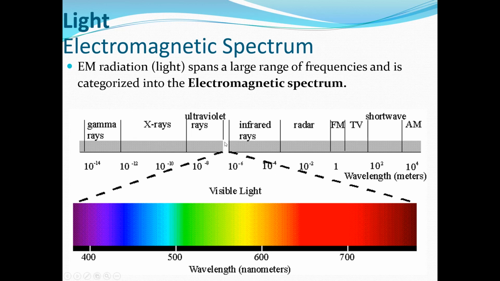What we see is a very, very small section of the entire E&M spectrum. And then you have infrared, radar, FM, and radio waves. One thing to note, I've always wondered why X-rays are strictly broken off into these parts.